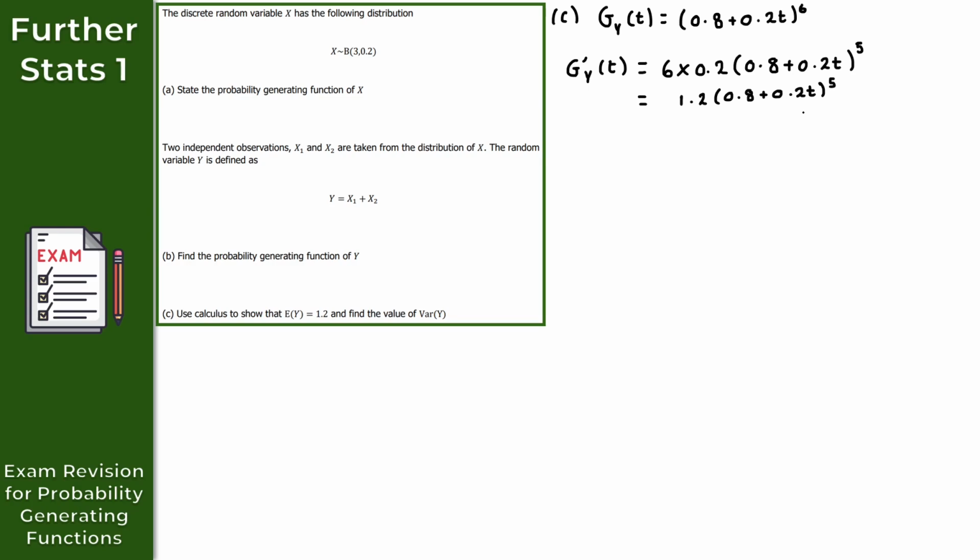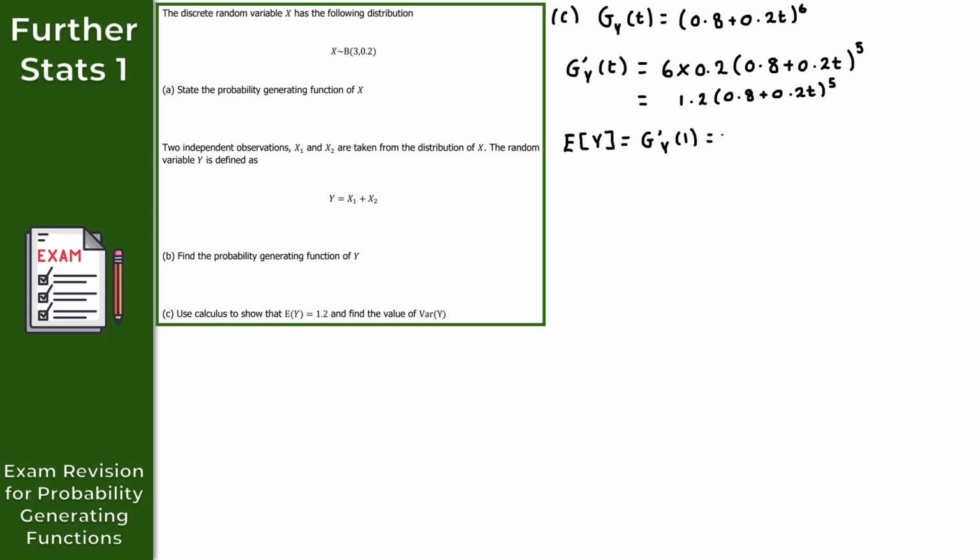Okay. So if we want the expectation of y, you should be aware that the expectation of y is equal to g prime of y when t equals 1. So all I need to do is substitute t equals 1 into this expression.